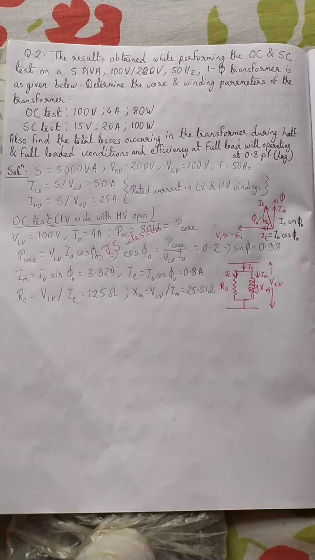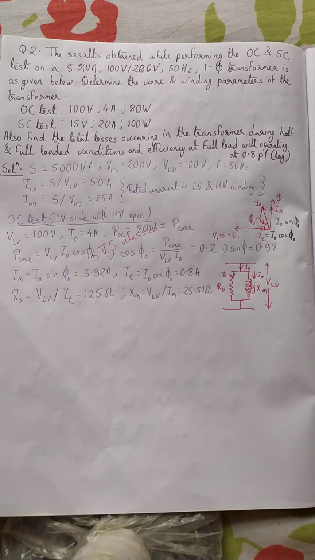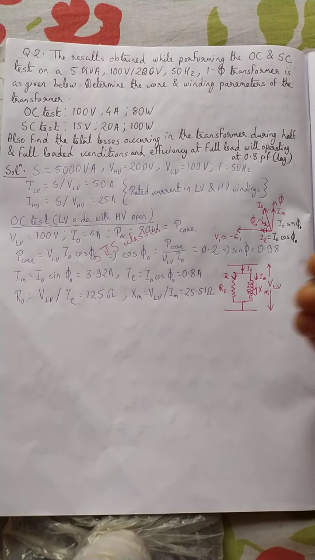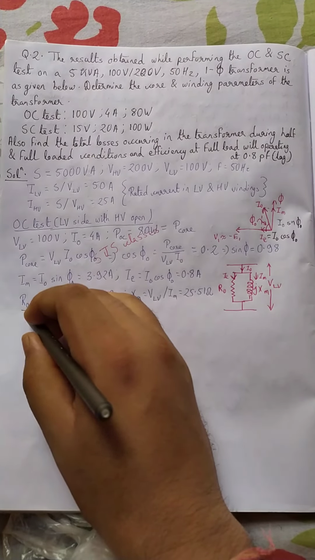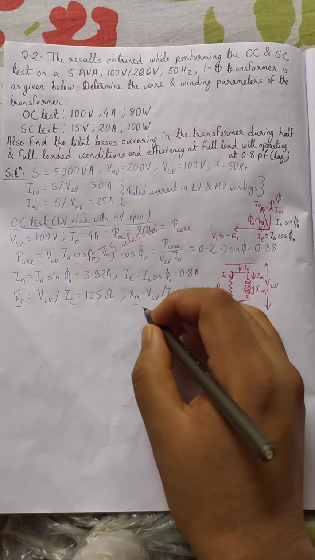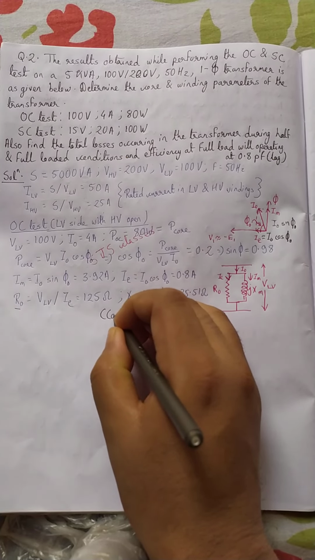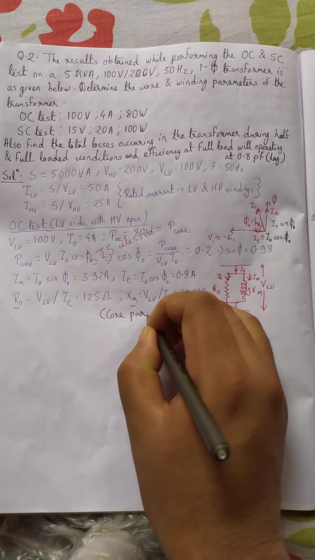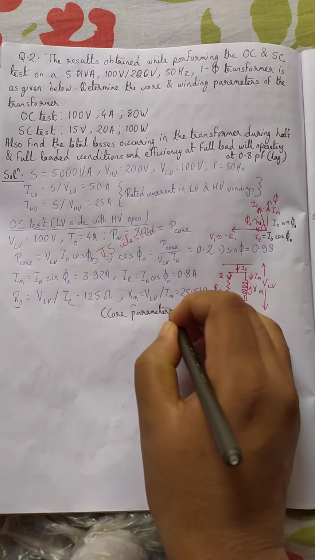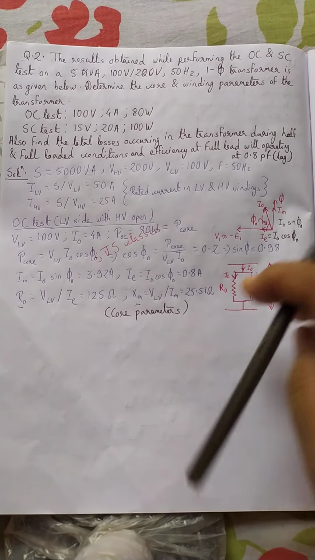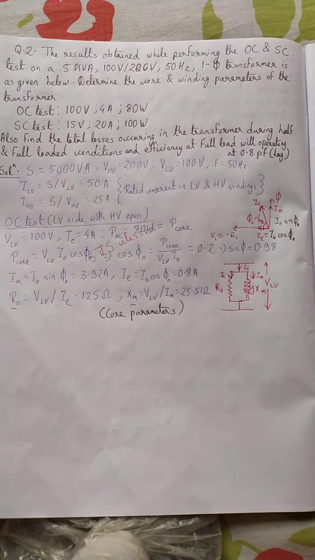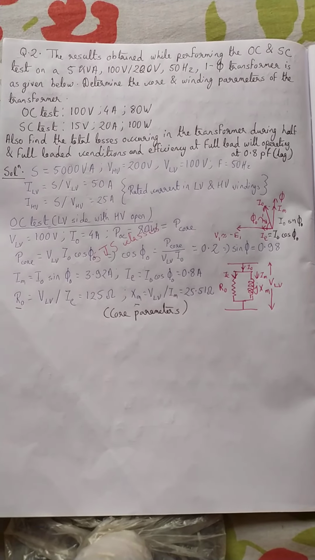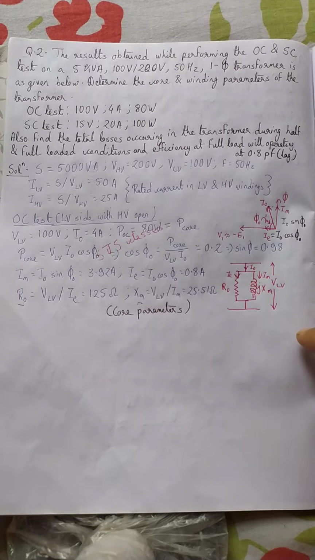So we had found the core parameters. These are basically R naught and Xm, the core parameters that we had found. And where do we find these core parameters from? From this open circuit test we are finding out this core parameter.